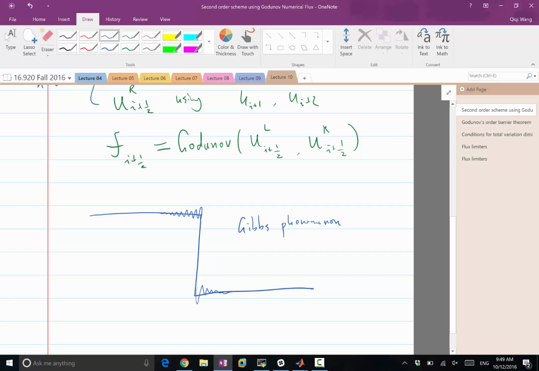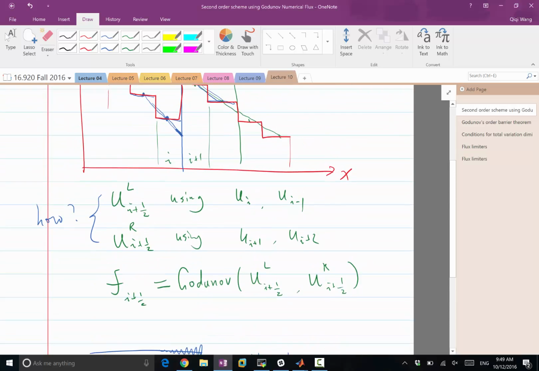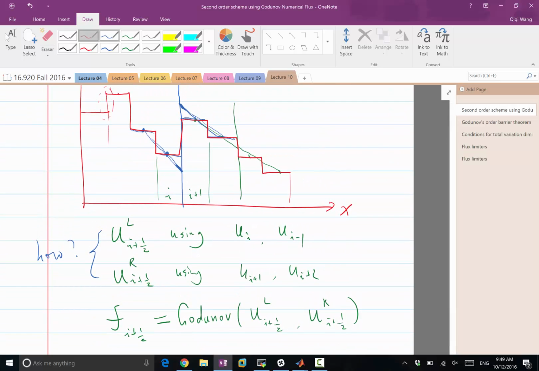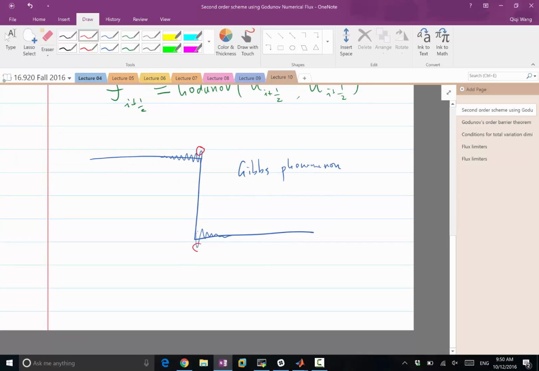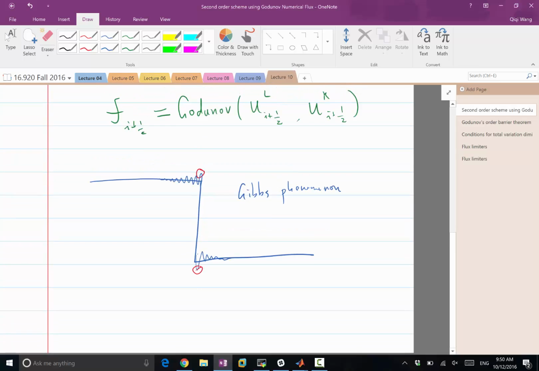The reason you have this is because this reconstruction here and this reconstruction here, around any large discontinuities, creates a large overshoot and undershoot, right?